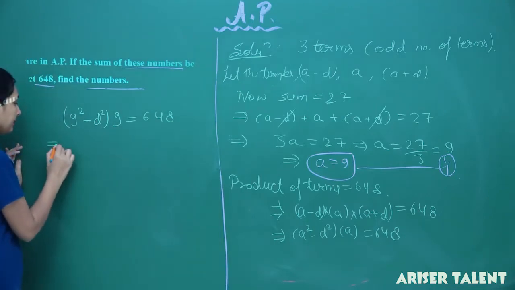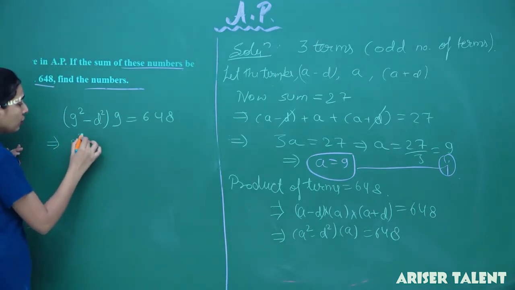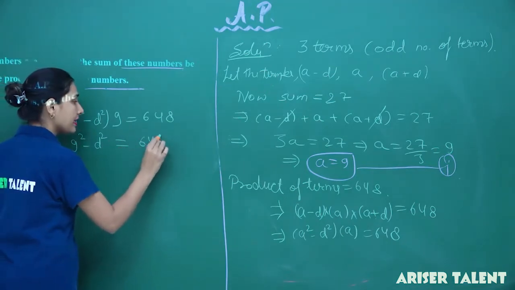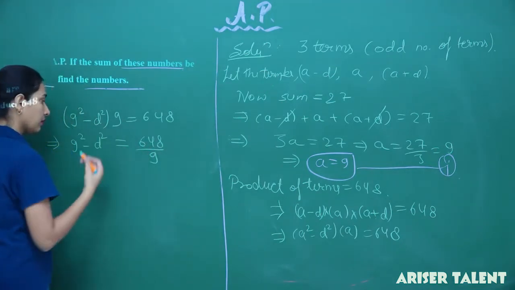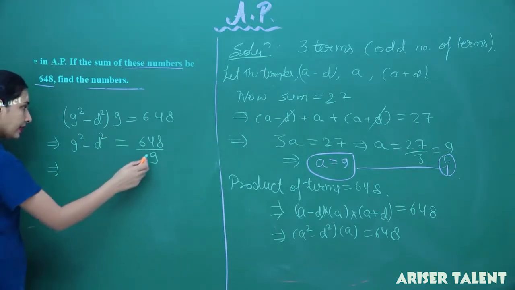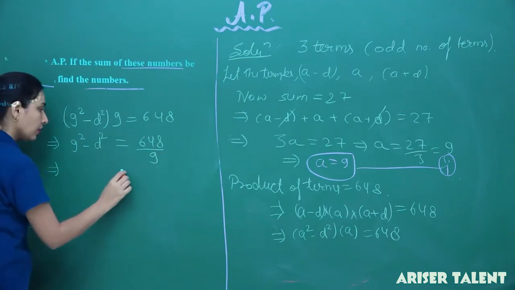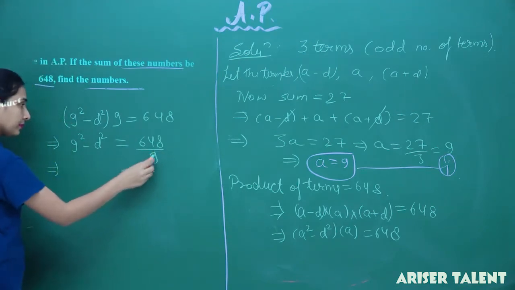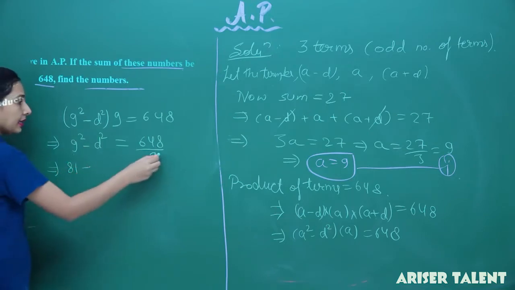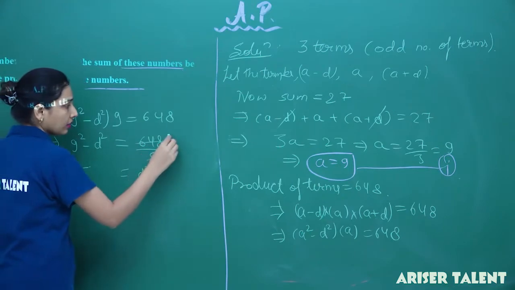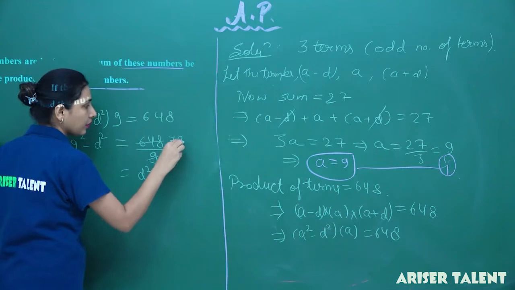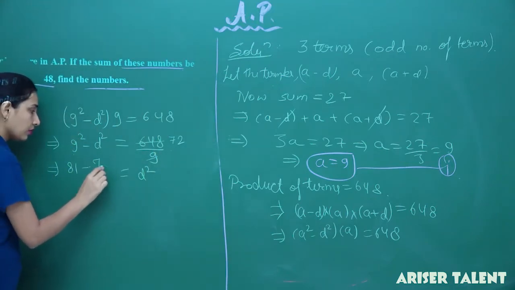This implies that 9 square minus D square equals 648 by 9, right? So D square will become 81, since 9 square is 81, minus 72.